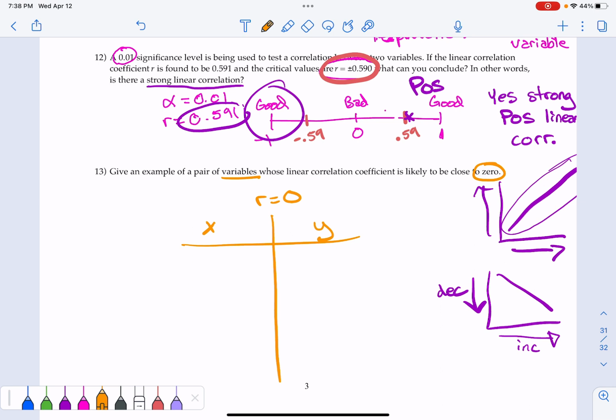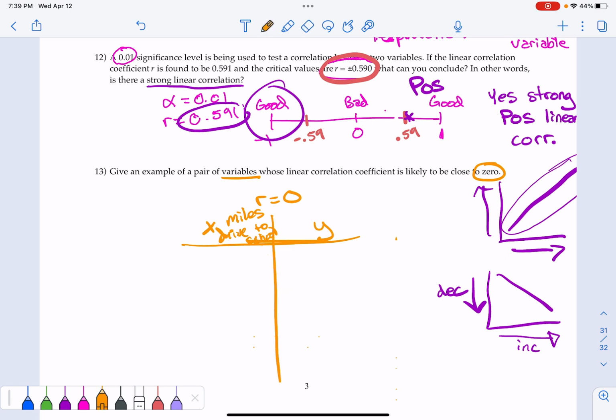So what could we put for two things that are not really related? I don't know. Let's say I'm going to talk about the miles you drive to school. Some of you guys drive a little ways. Some of you guys live in town, so you don't have to drive hardly at all.